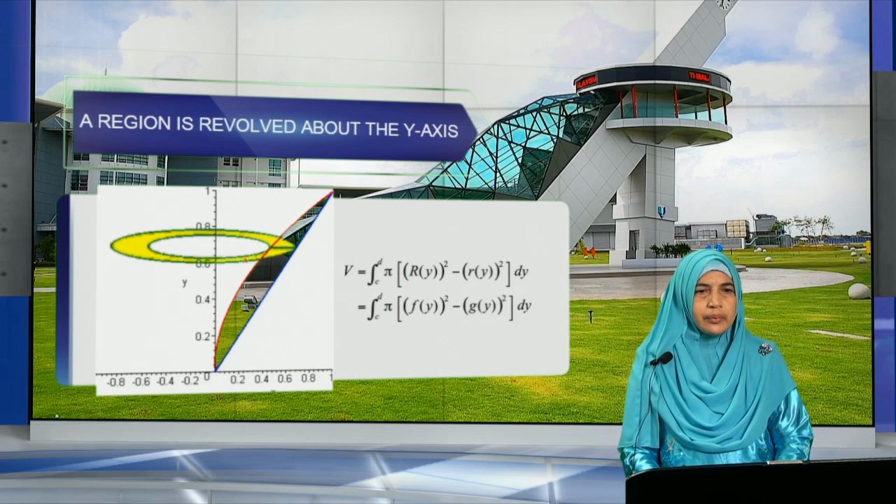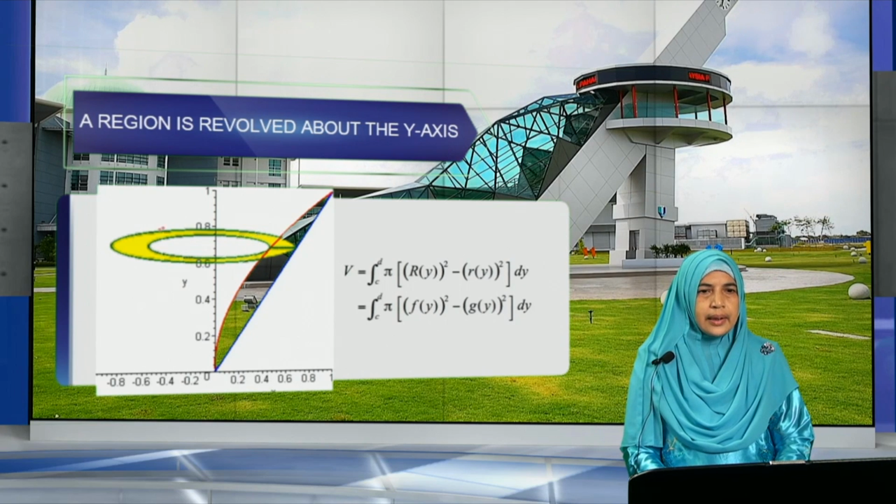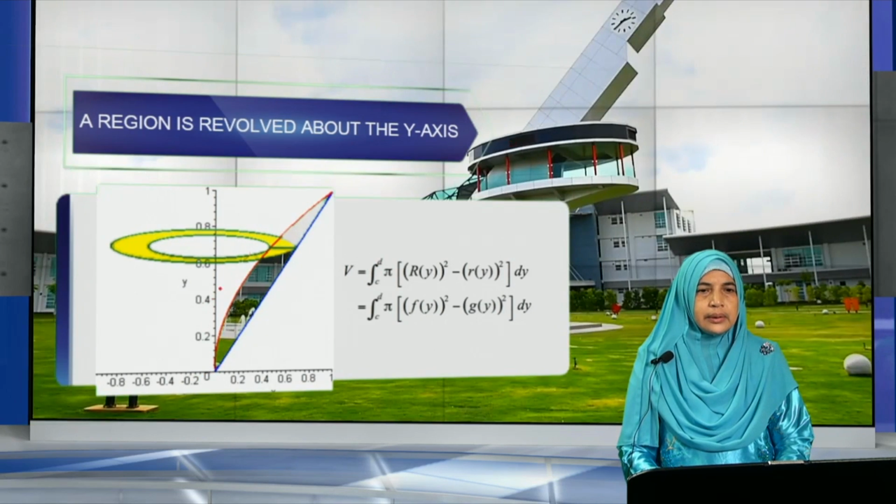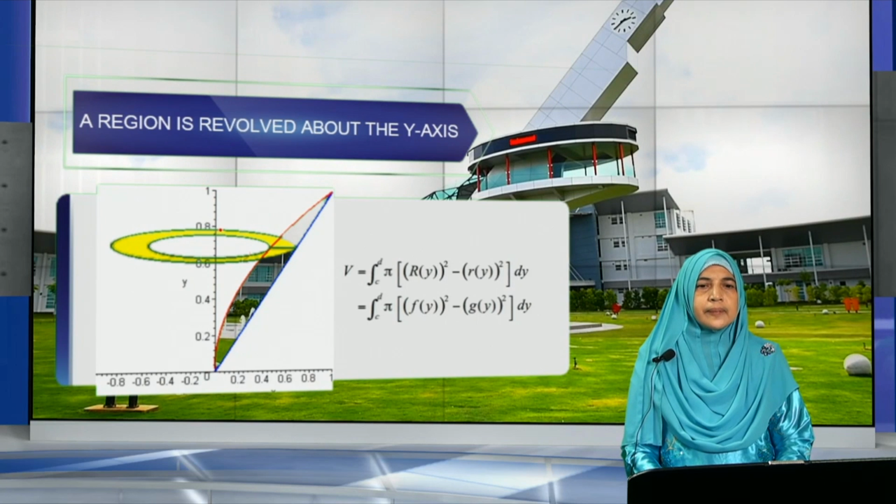If we revolve it about the y-axis, we will still get this shape, and then we find the inner radius and also the outer radius. We measure it from the y-axis. So the volume of revolution will be from C to D.